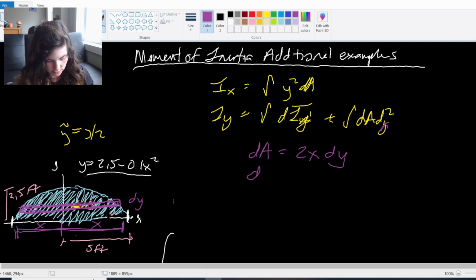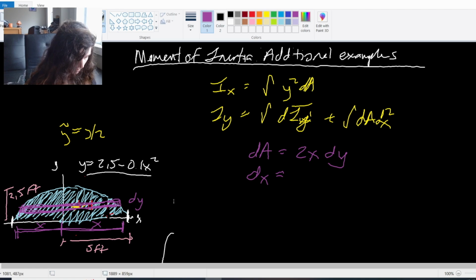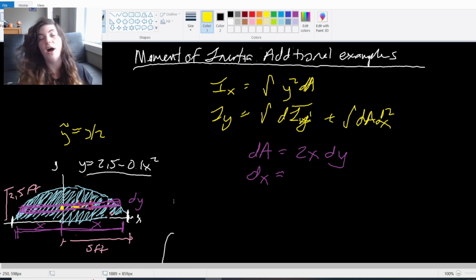The other terms we need, we're going to need our, this is not dy, this is dx. There we go. So we need that dx term, distance to the x centroid. Right, so what is the distance from the y-axis to my x centroid? Where does my x centroid hit for this bar? Where's the centroid of this thing? And if we look, we notice this thing is totally symmetrical about the y-axis.